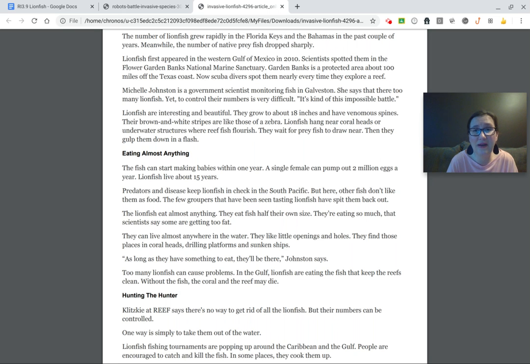They grow to about 18 inches and have venomous spines. Their brown and white stripes are like those of a zebra. Lionfish hang near coral heads or underwater structures where reef fish flourish. They wait for prey fish to draw near, then they gulp them down in a flash.